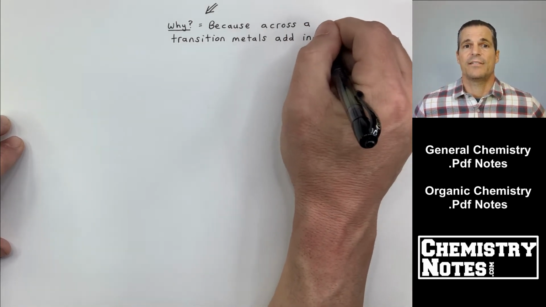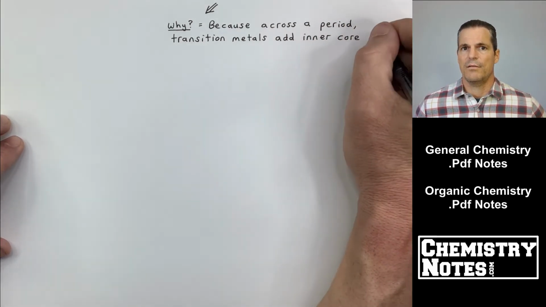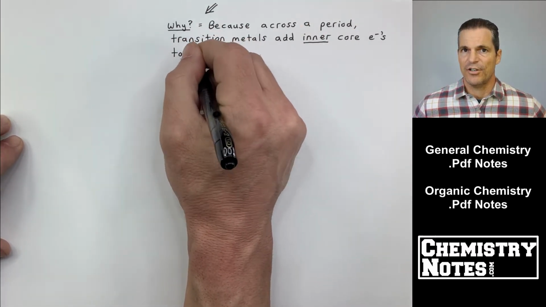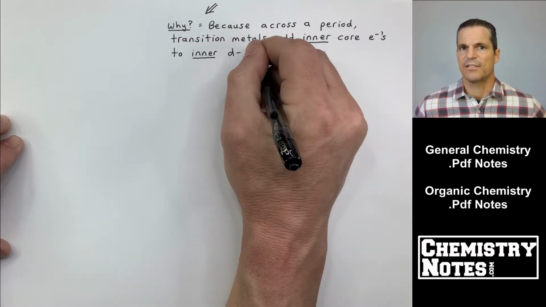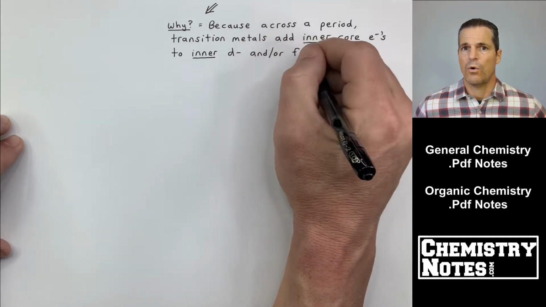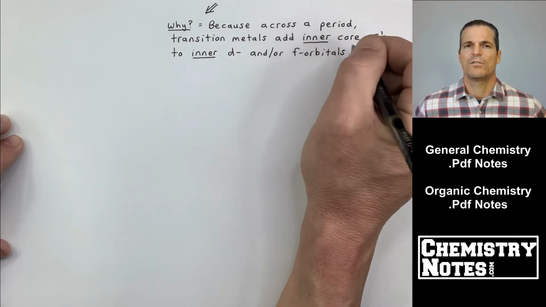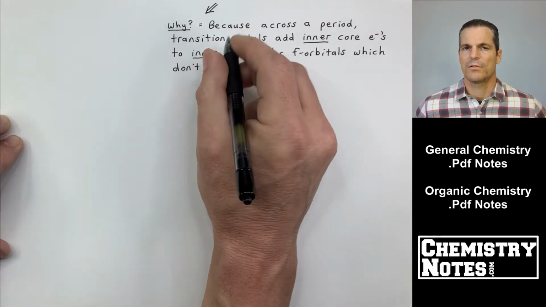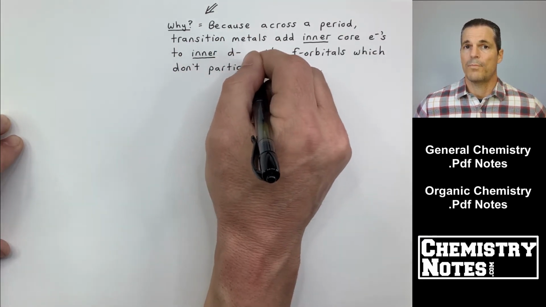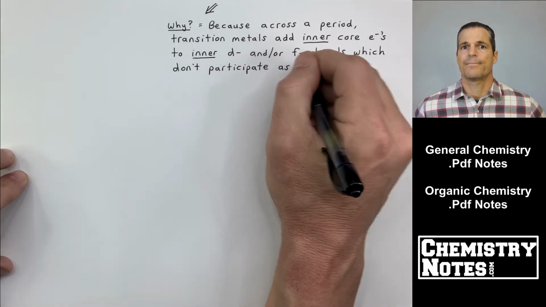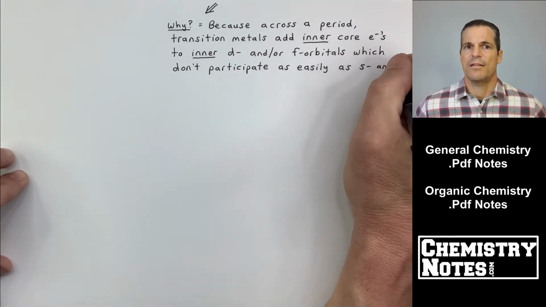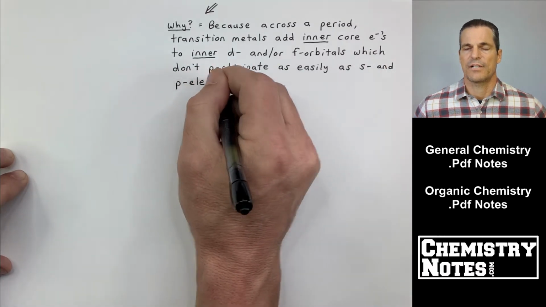And the answer to that is because across a period, transition metals add inner, as opposed to valence, they add inner core electrons to inner d and or f orbitals, which don't participate as easily as the s and p electrons do.